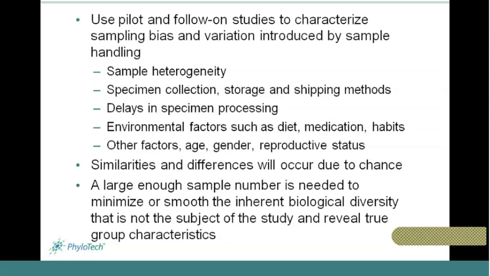So managing those and understanding those is important. It's important to realize that similarities and differences will occur due to chance. And when you're looking at a lot of information, you just simply see more of those things. A large enough sample number is needed to minimize or smooth the inherent biological diversity that's not the subject of the study and reveal true group characteristics.